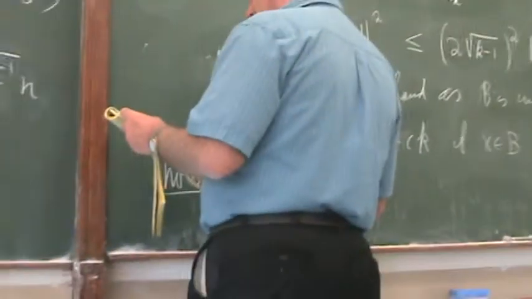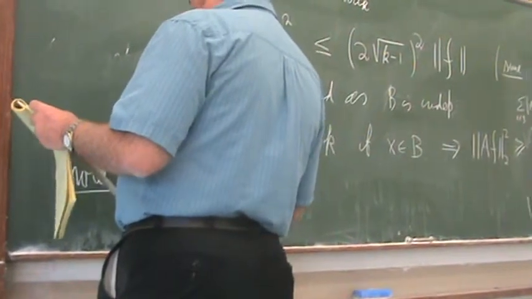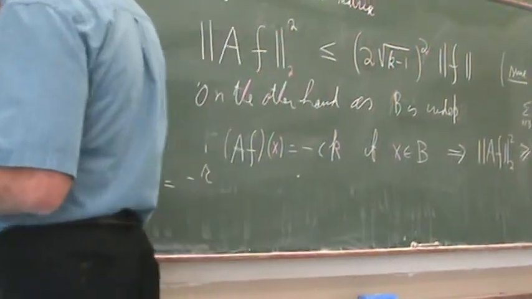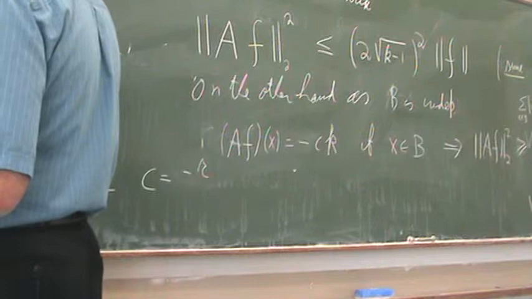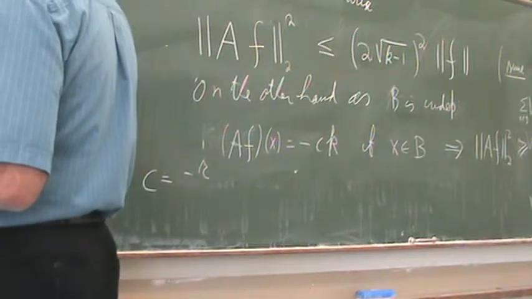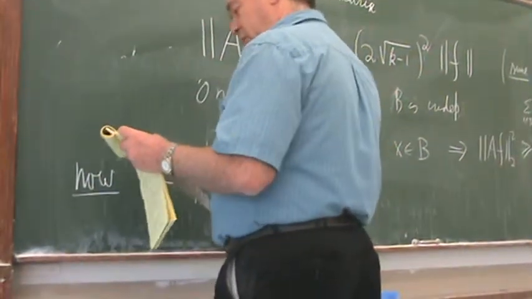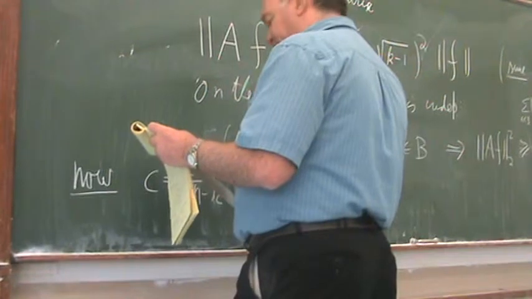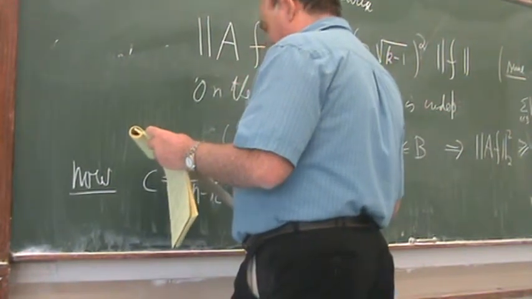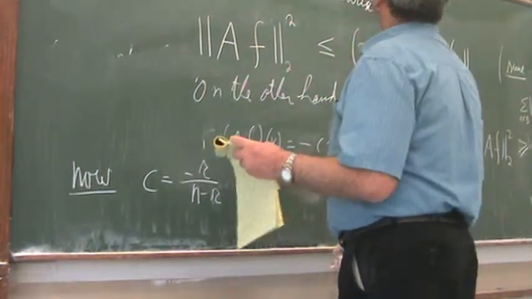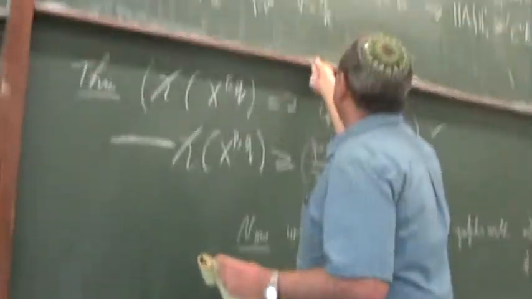Okay. Now we know that C is equal to minus R over N minus R. Let's write it as V over 1 minus V, where V is the proportion R over N. We'll see in a minute, this will be convenient.